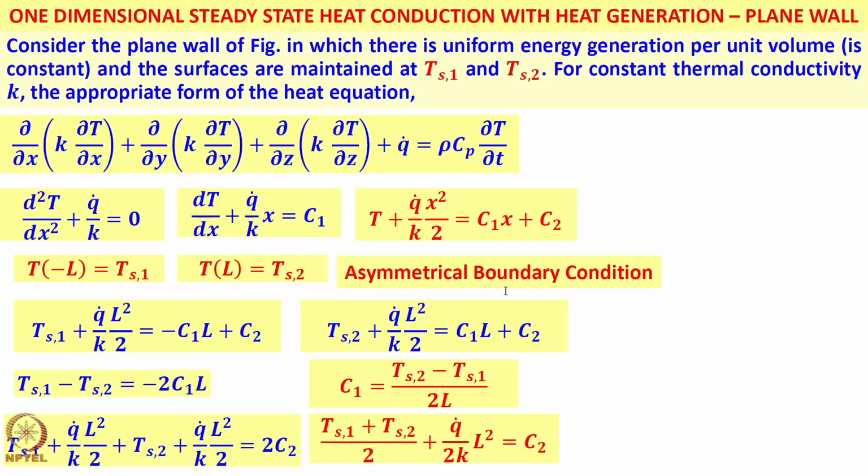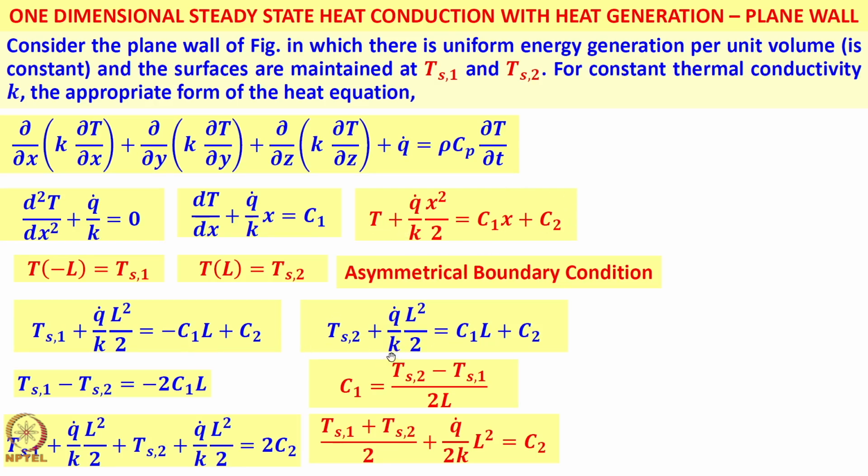Okay, so, here you have, of course, this is a simplified case where surface temperatures are given, Ts1 and Ts2. I told a more complicated case. This is straightforward, the way we had done for no heat generation. So, you have two unknowns, C1 and C2.